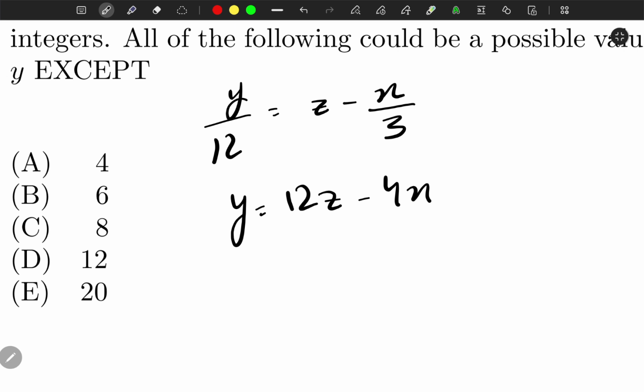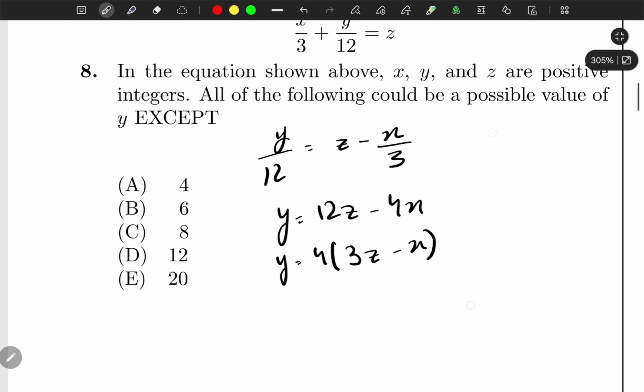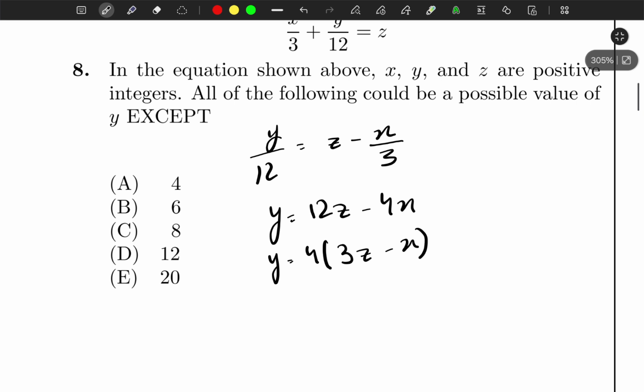Okay, and let's make our life a bit easier. We'll factor out 4 from here, and that's going to leave us with 3z minus x, right? So now 3z minus x, it should be equivalent to a positive number.